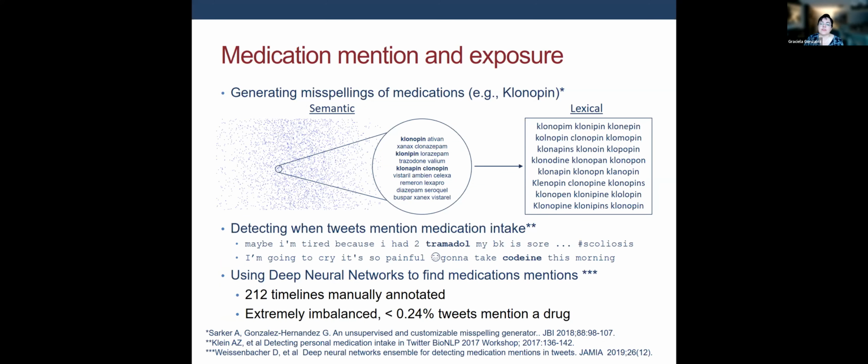And the NLP methods, just to give you a taste of them, start even with things like generating misspellings of medications in order to collect them, not specifically for this one, but in general when we were doing pharmacovigilance. The names of drugs can be very, very varied, and sometimes the original name of the drug is not as popular as the misspelled version of the drug name.